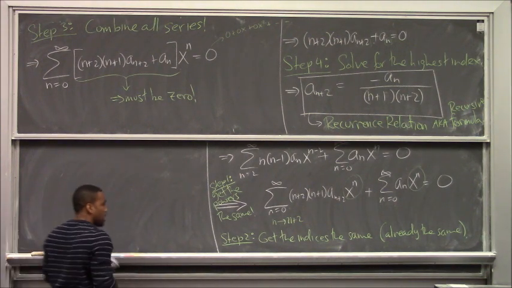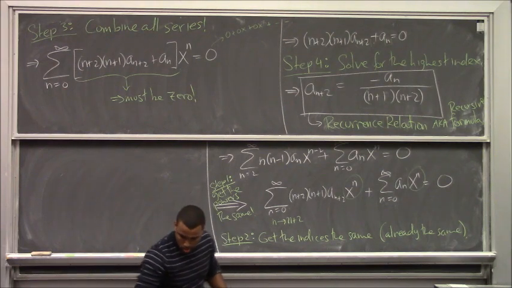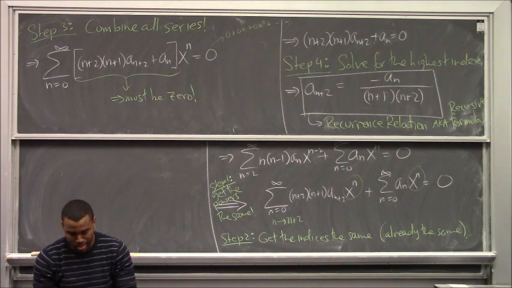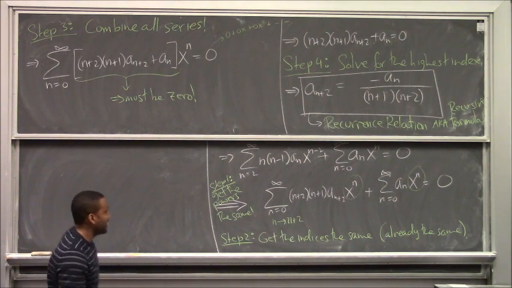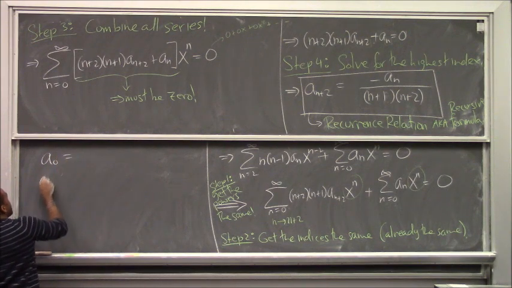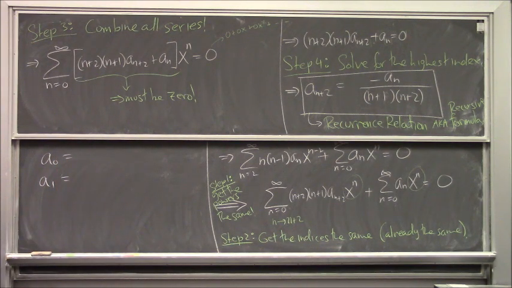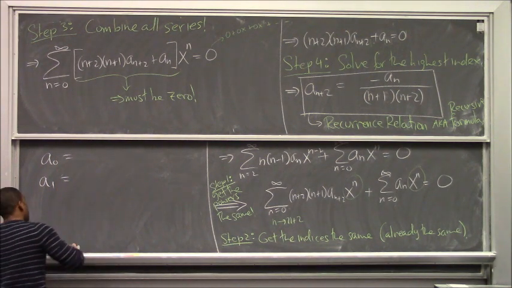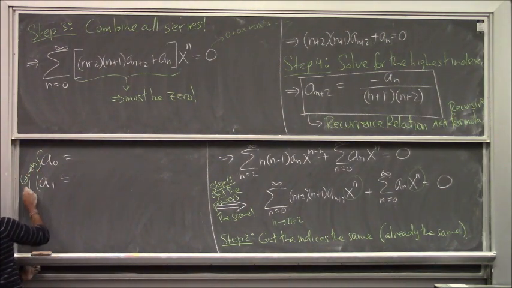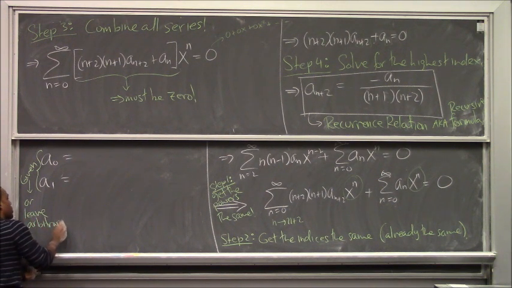Now, here's something I want you to notice. We're almost at the end, and this is a very short problem, by the way. A0 and A1, in this case, are usually going to be given, or you just leave them arbitrary. Why?